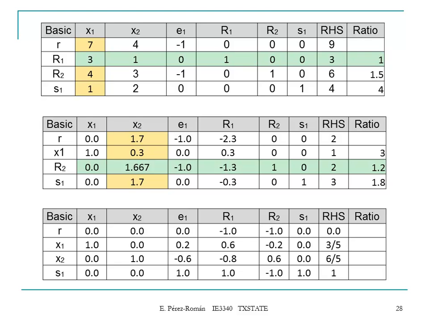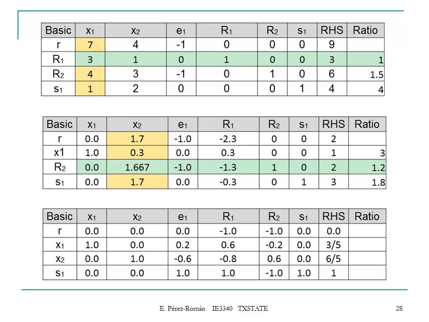So there's no problem here with your basic solution. You are able to find a basic solution in which you don't have any artificial variables. So you have your initial solution for your second phase part of the problem. So you have x1 equals 3 over 5, x2 equals 6 over 5, and s1 equals 1.